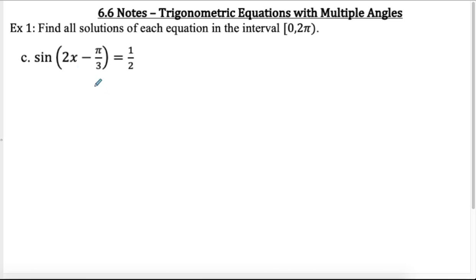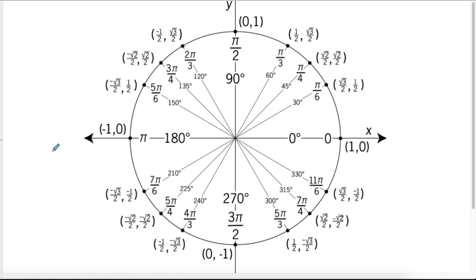So on this one, my sine is already by itself. I want to go to my unit circle and see where sine is 1/2. Sine is the y value, so that happens here at pi over 6 and at 5 pi over 6.